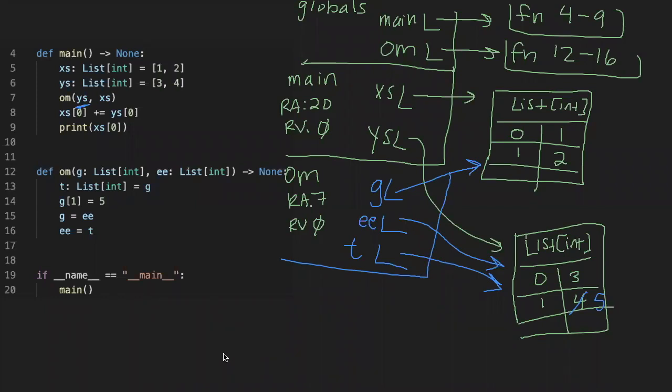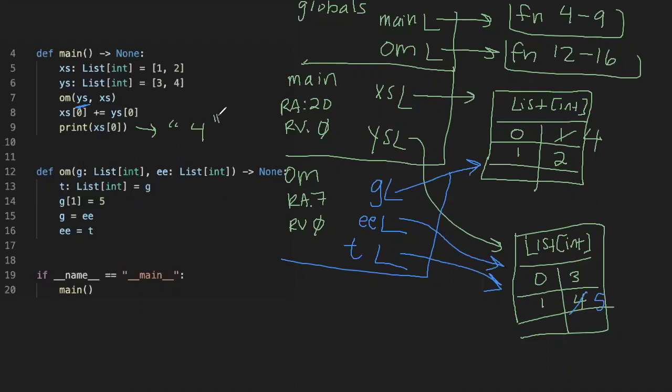And then now we have to go back up and finish main. So we're back at line 8, and it says x's at 0, which is 1, is going to be updated to be its current value plus whatever is at y's at 0, which is 3. So this becomes 4, and the output of this is 4. So this just gives us 4.